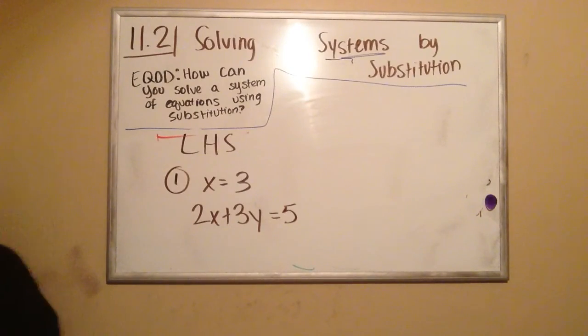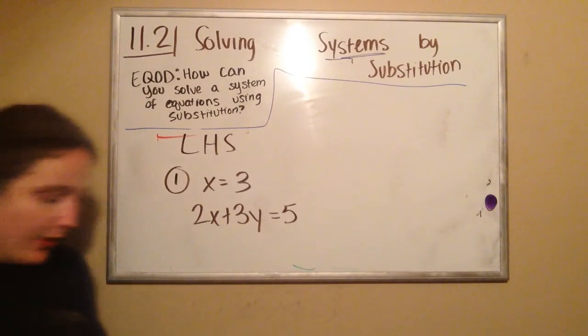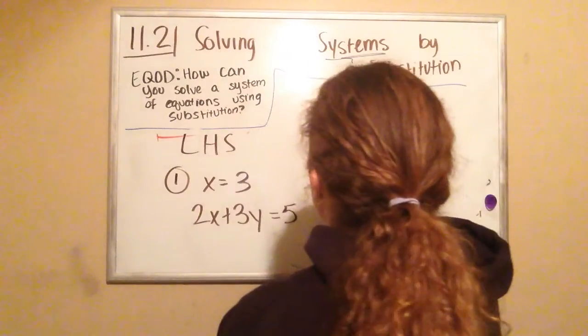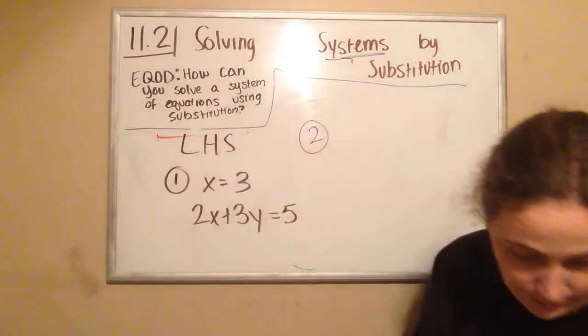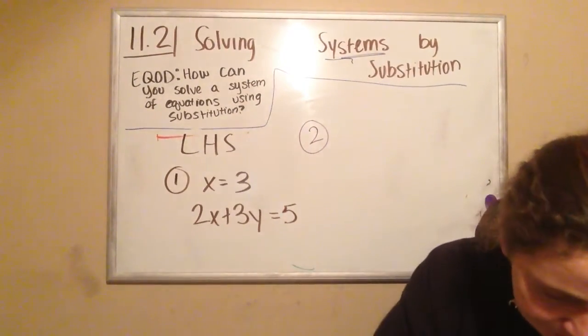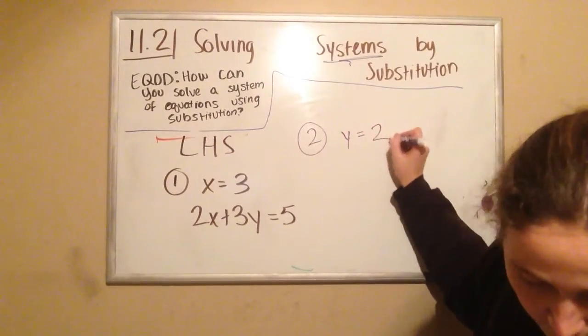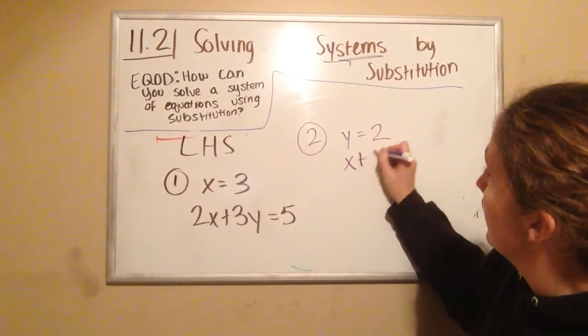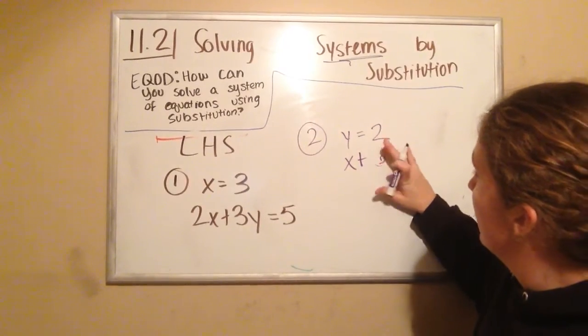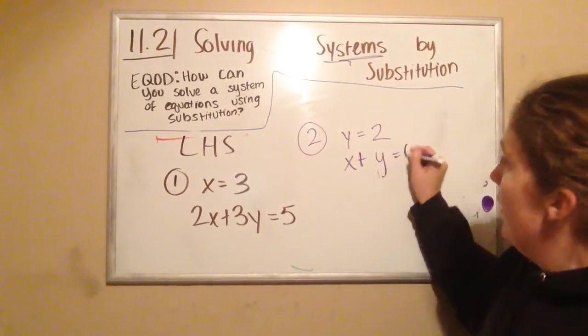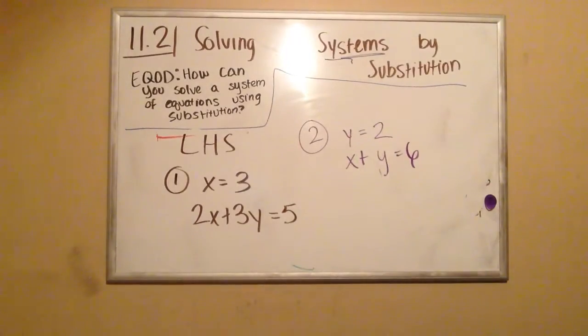It is a coordinate point, not an x value, not a y value, an entire coordinate point. All right, those 2 on your left-hand side. When you're done, come back with me.